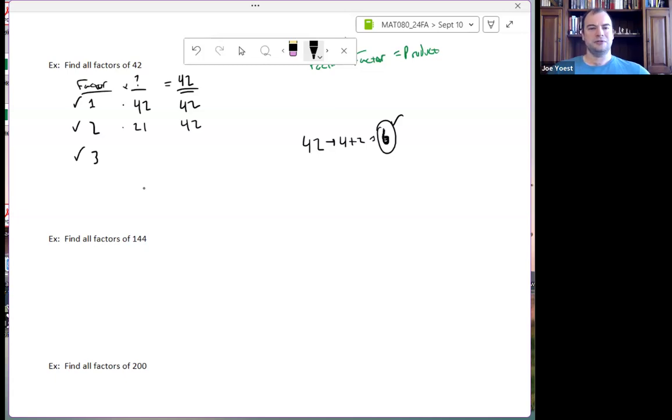If I wanted to go a little further, I could ask, 3 times what gives me 42 then? Well, 3 times 10 gives me 30. 3 times 15 gives me 30 plus another half, which gives me 45. Maybe 3 times 14. So I could do a little bit of trial and error and work that out. But I didn't need to find this 14 if I didn't want to. I could just stick with my divisibility rule and that would be enough.